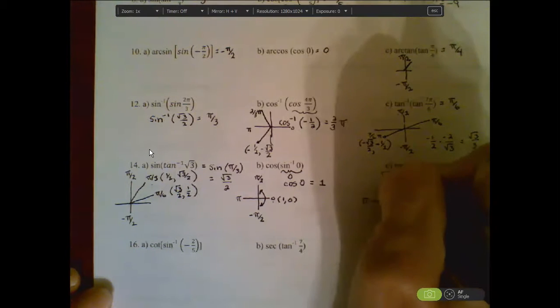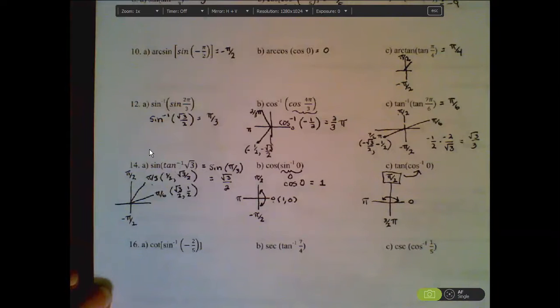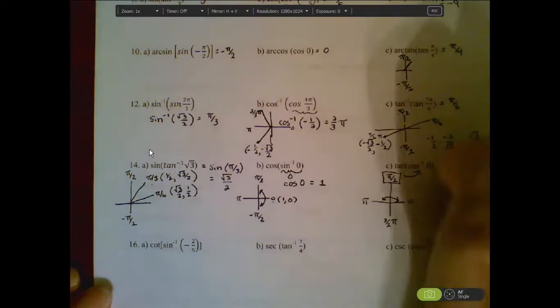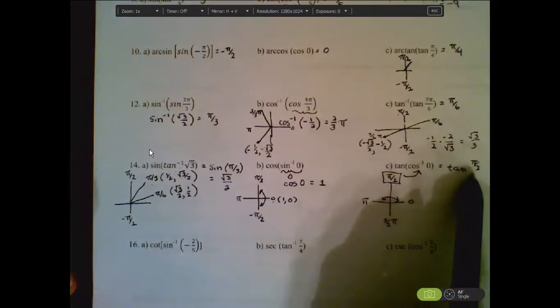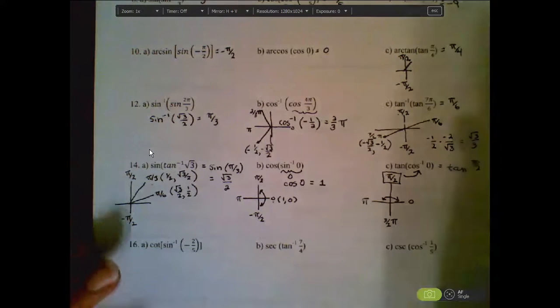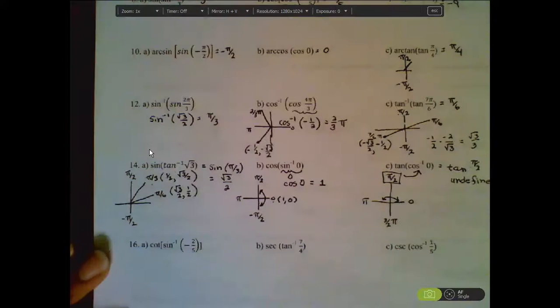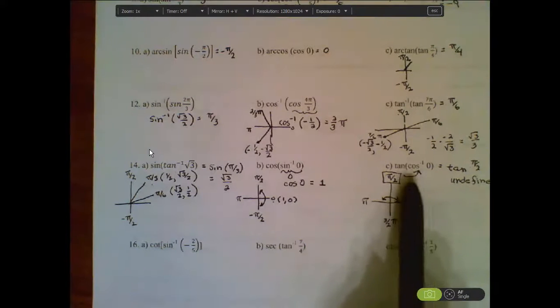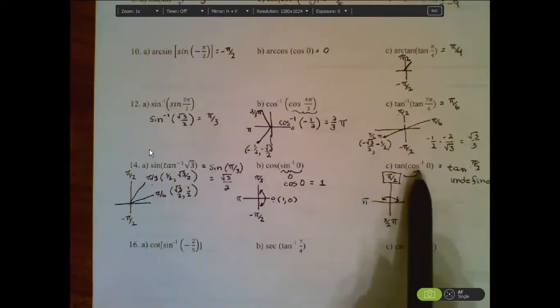So the answer to inverse cosine of 0 is pi over 2. And now we need the tangent of pi over 2. And we know that odd half pis are where tangent has its asymptotes. So tangent of pi over 2 is undefined. We found the angle whose cosine is 0, and then we found tangent of that angle.